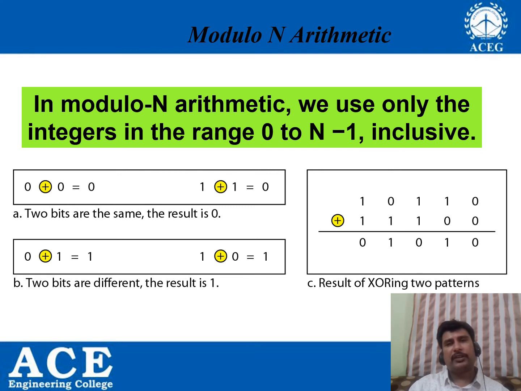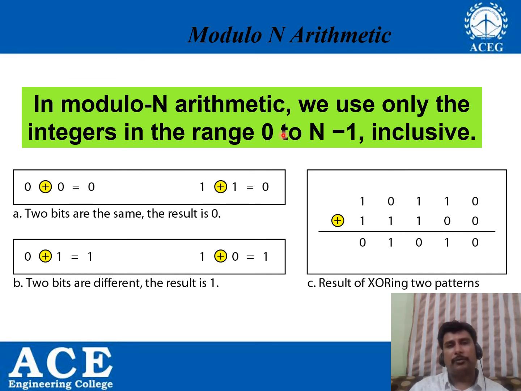In error detection and correction, we are going to use one important operation called modulo n arithmetic, which is nothing but an exclusive OR operation. Generally, if I am using modulo 2 arithmetic, then I am going to have 0 and 1.